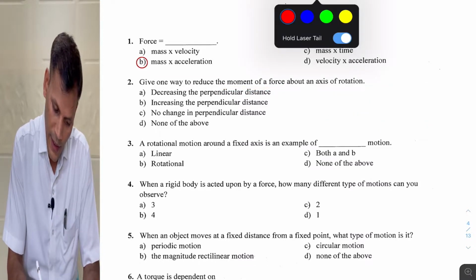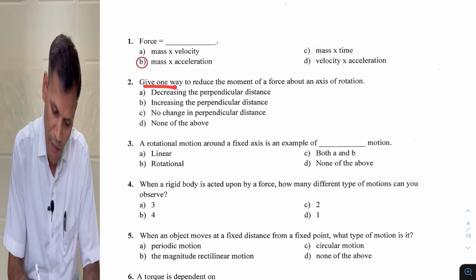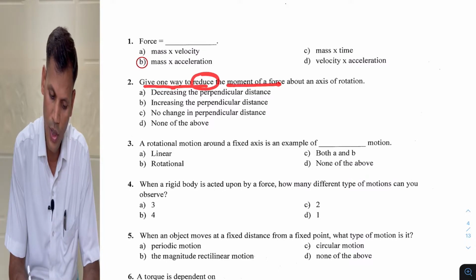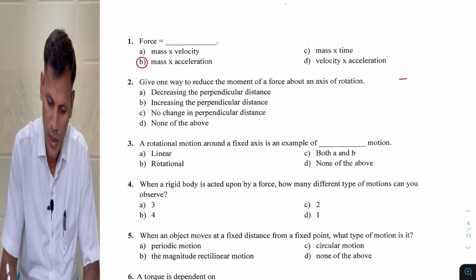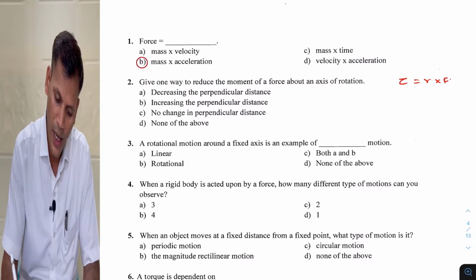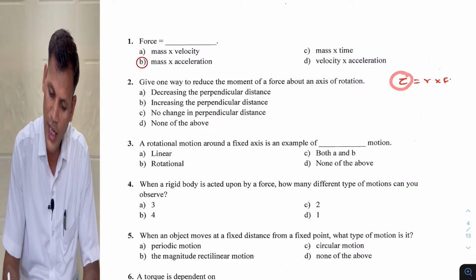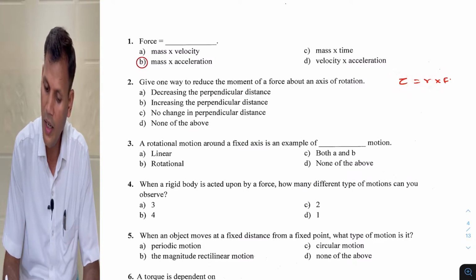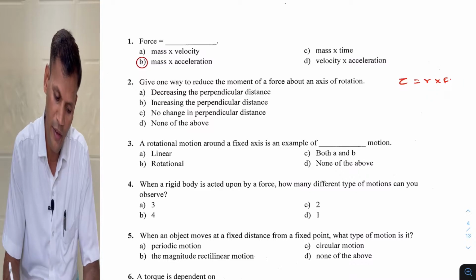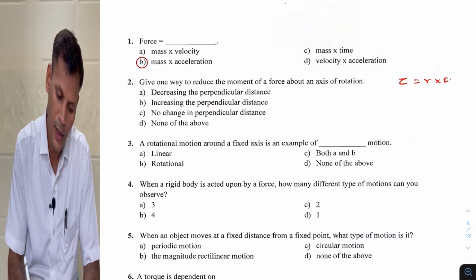So here in the question, we have to give one way to reduce the moment of force. We have to reduce tau equals R into F, either by reducing R or by reducing F. So what will be the option?